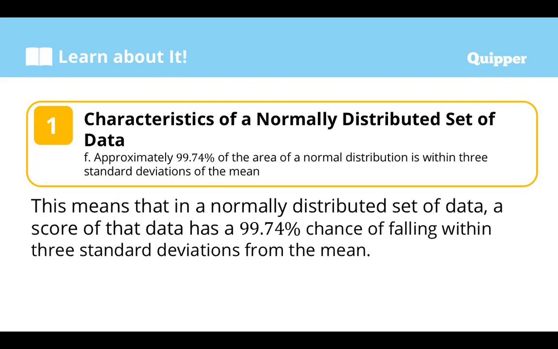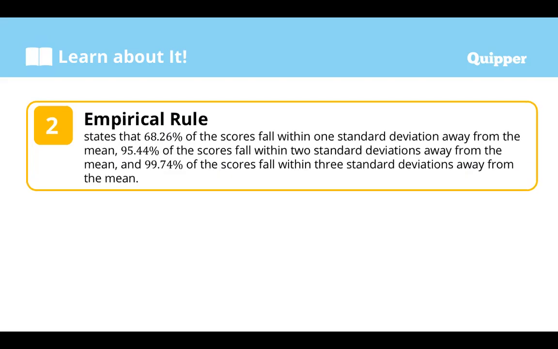Okay, so those kind of percentages, okay, it will fall to this rule, which we call empirical rule. Okay, empirical rule states that 68.26% of the scores fall within 1 standard deviation away from the mean.